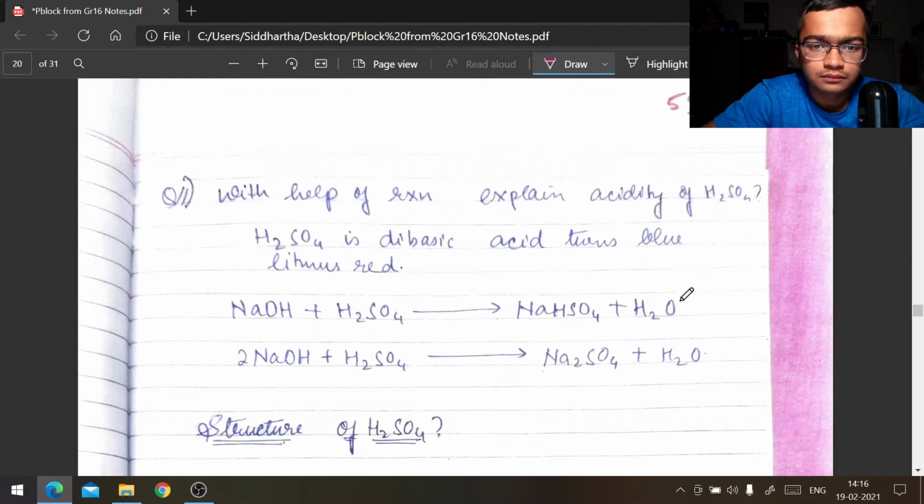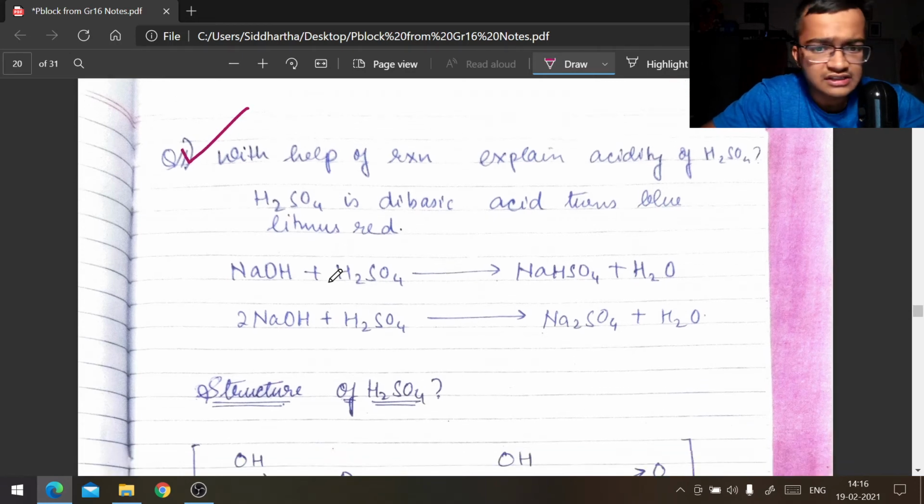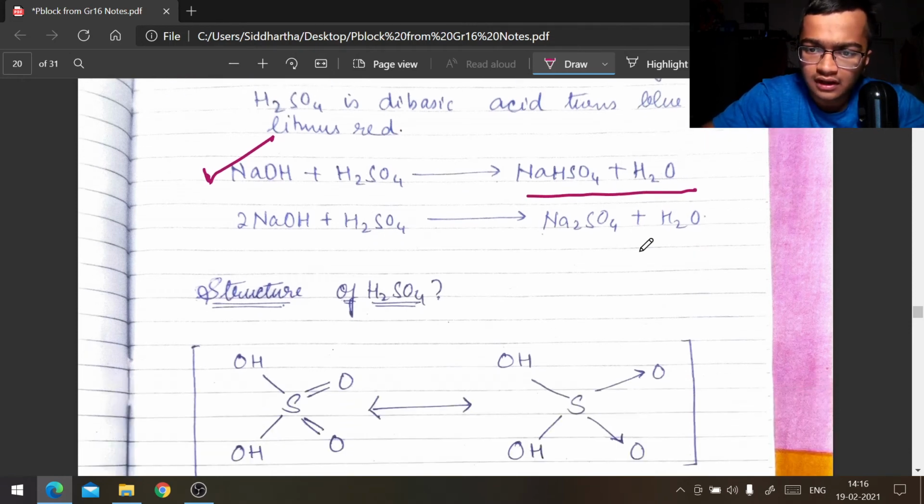Moving on, there is a question: with the help of a reaction, explain the acidity of H2SO4. So we know acid plus base gives salt plus water. So when you take NaOH plus H2SO4, whether it is concentrated or dilute, it does not even matter, you get NaHSO4 and H2O.